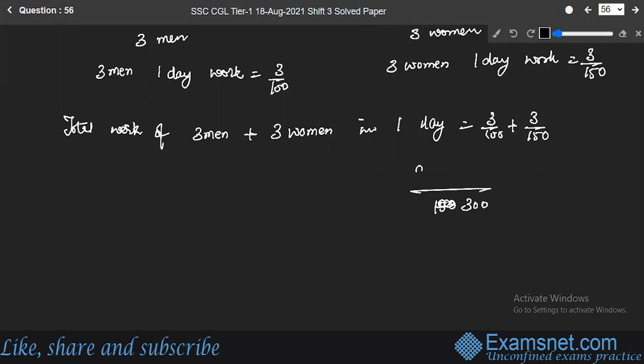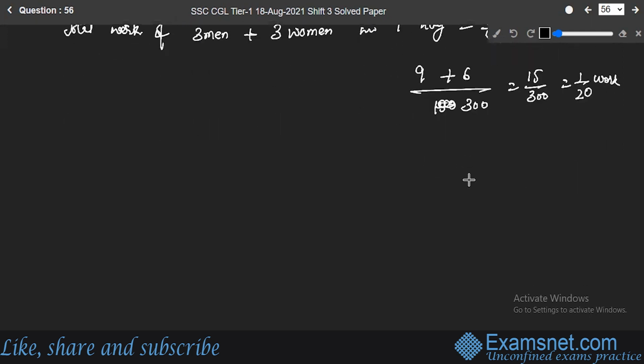LCM will be 300, so this is equal to 9 plus 6, which is 15 upon 300, or this is equal to 1 by 20. So total work of 3 men and 3 women in one day is equal to 1 by 20 of the work. Right. Now, 1 by 20 of work is completed in one day.